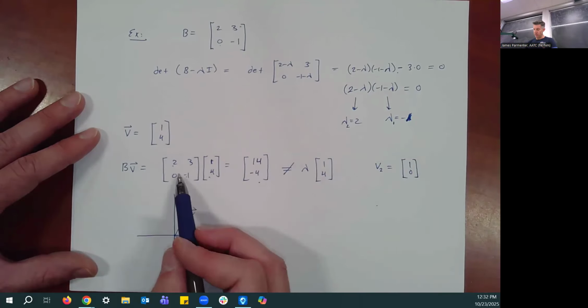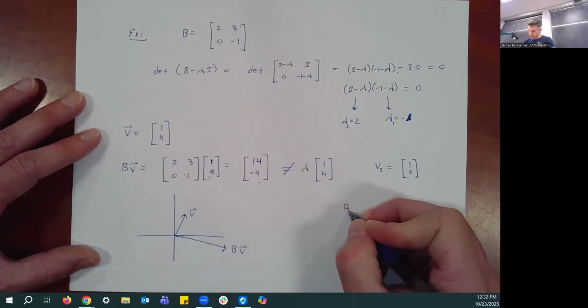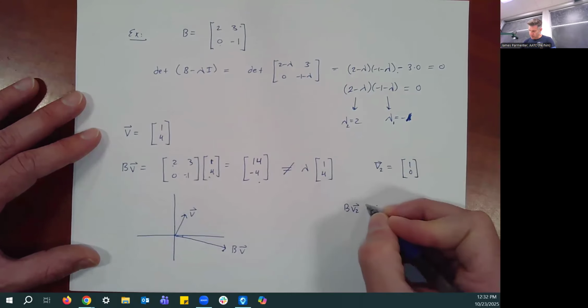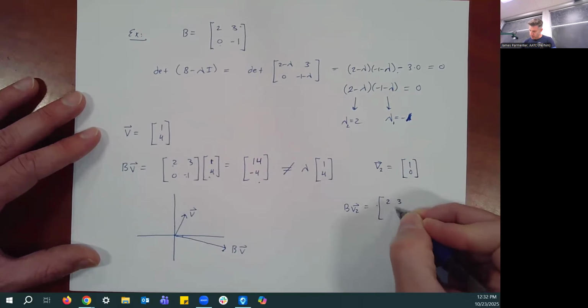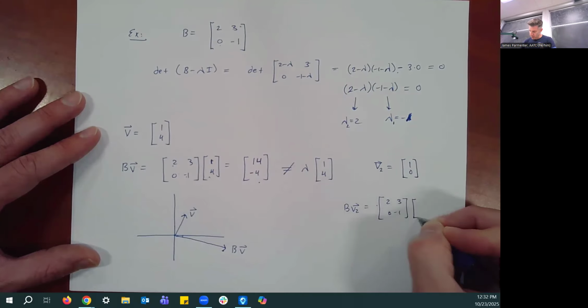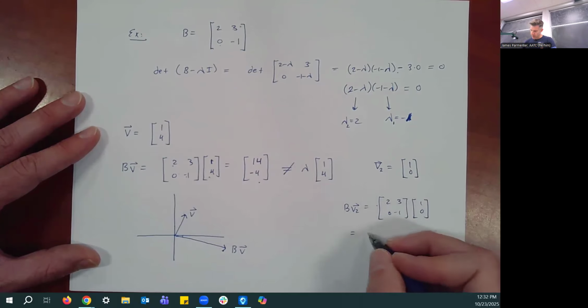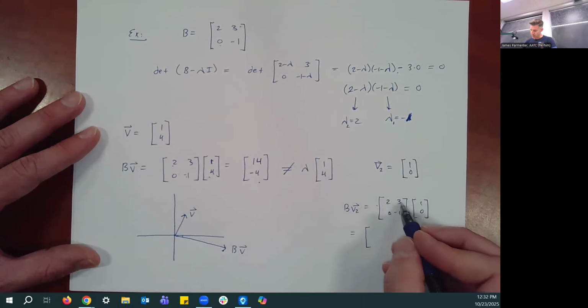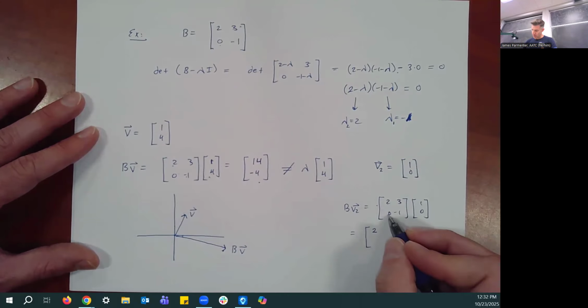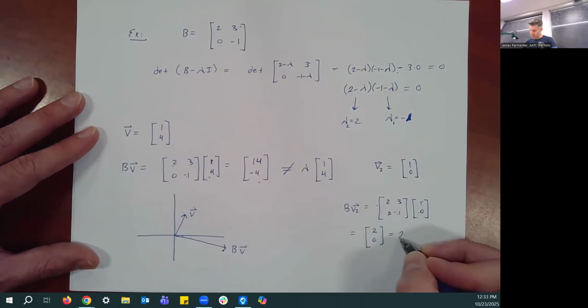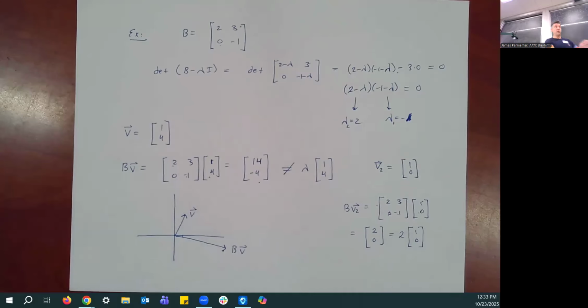Because if you multiply this matrix by that vector, B times V2 is equal to 2, 3, 0, negative 1 times 1, 0. And we end up getting 2 times 1 plus 3 times 0, which is 2, and 0 times 1 plus negative 1 times 0, which is 0. And this is exactly 2 times the vector we started with. So in this special case, when you multiply the matrix by the vector, you end up getting a multiple of the vector. And the multiple is always going to be the eigenvalue that goes with the eigenvector.